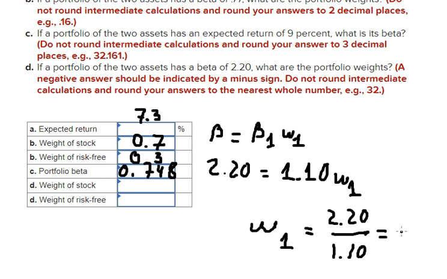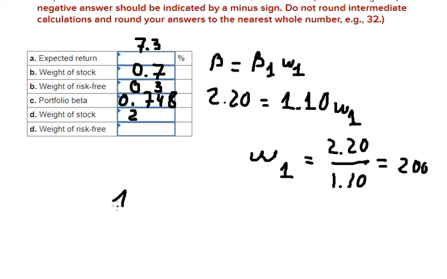This one we have 200%, so that means 2. For the risk-free asset, we have negative 1. We put negative 1 in here, and that is the answer for the question.